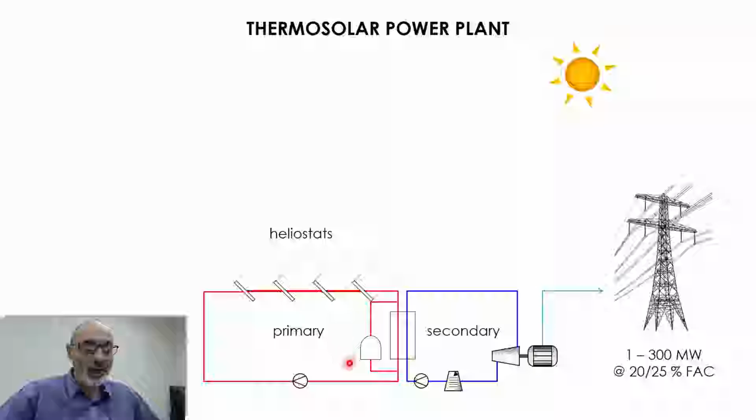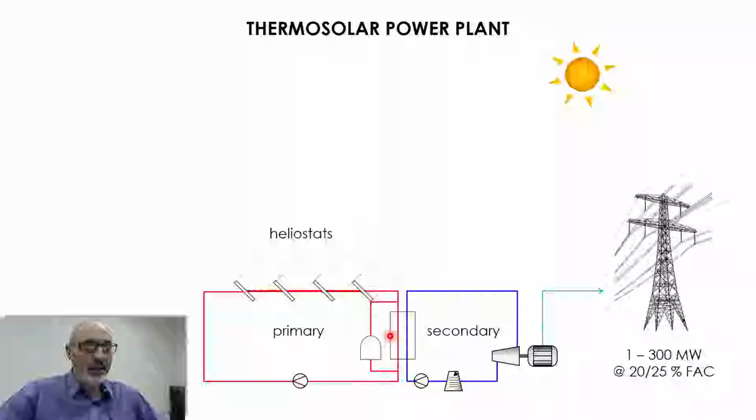You also have a storage system here. We're going to detail this further on. So part of the heated working liquid, you can store in a reservoir, for instance, and part you can use to supply heat to the secondary.